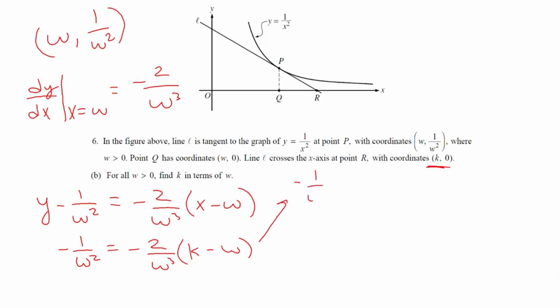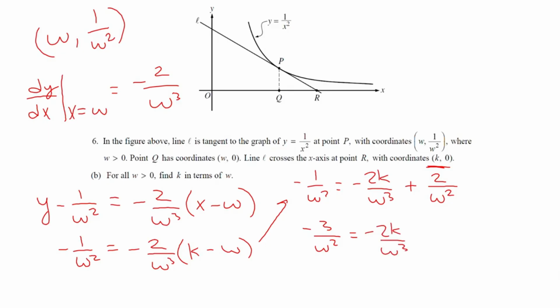So we have negative 1 over w squared equals negative 2k over w cubed, and it's actually going to be plus because it's negative 2 over w cubed times negative w. So that'll be 2 over w squared, because we are canceling out those w's. We'll subtract the 2 over w squared to get negative 3 over w squared is equal to negative 2k over w cubed.